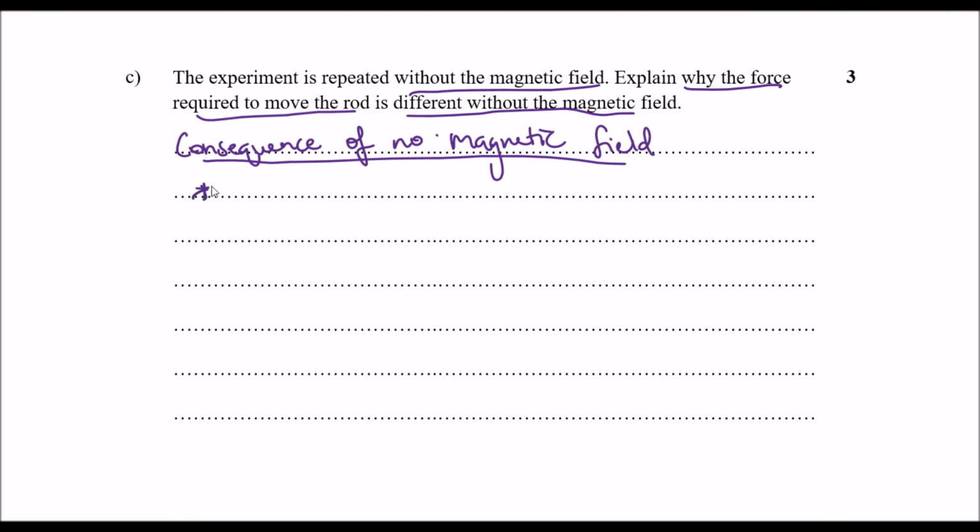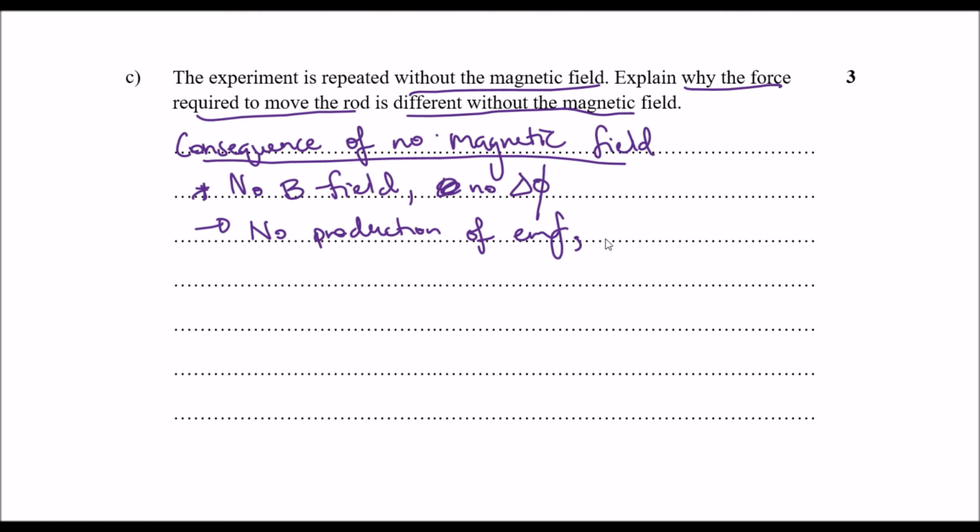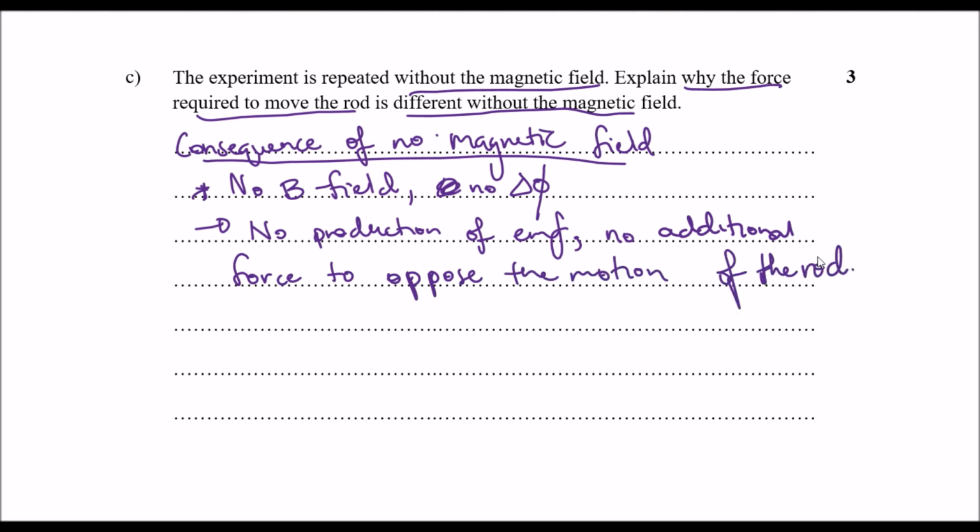So consequence: no B field means no change in flux, which means there is no production of EMF. Okay, so what's the consequence of that? No production of EMF means no additional force, so no additional force to oppose the motion of the rod.